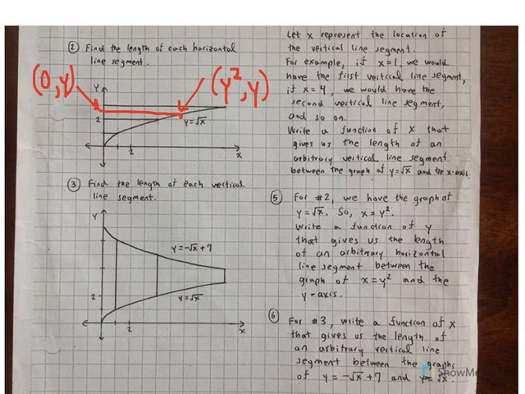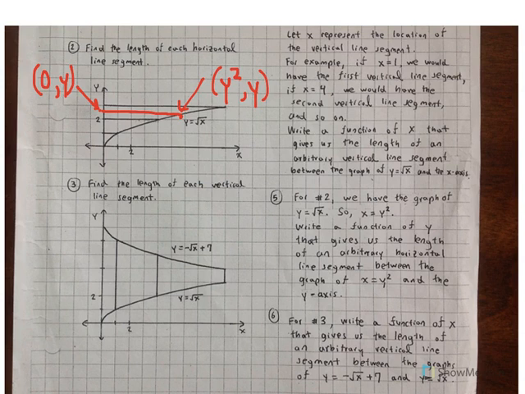And because the location of our arbitrary horizontal line segment is given by y, we need to write a function of y that will give us its length. So we need to rewrite the x coordinate in terms of y.